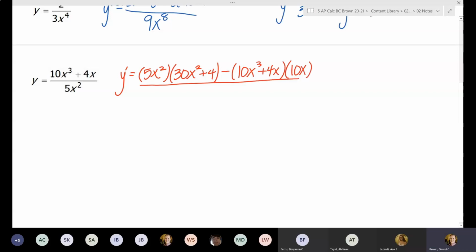Draw the line, and down below the bottom squared will go. If you did the quotient rule, be my guest, but you're going to have to FOIL twice, distribute a negative, combine like terms, factor, cancel to get to a simplified answer.